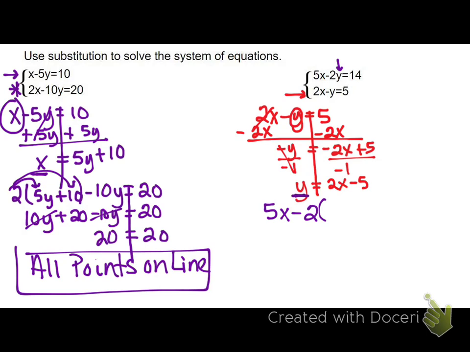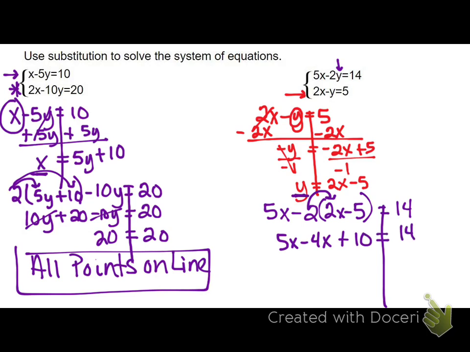Oh, there's my y. So what do I put in there? Then distribute. Get your equation. Equals 14. Okay? Distribute. -2 times 2x is what? -4x. Okay? Plus 10 equals 14. Okay, now what?